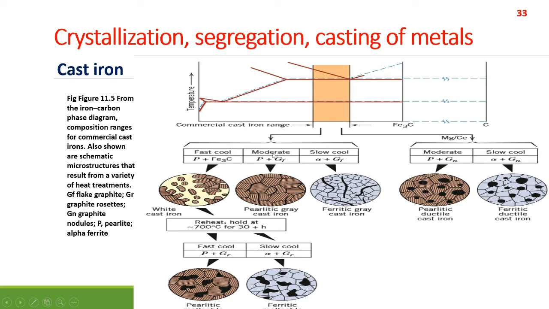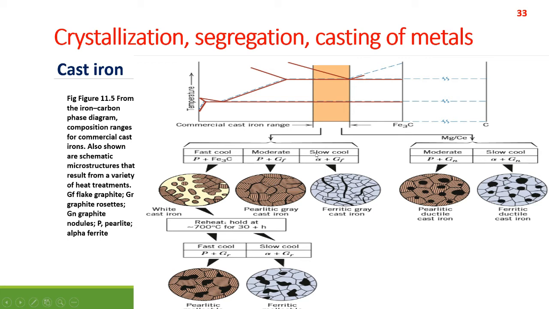Next, if the cooling is moderate, you get perlite and graphite flakes. This pointed black portion is your graphite flake, where the black and white zebra-crossed microstructure is your perlite.